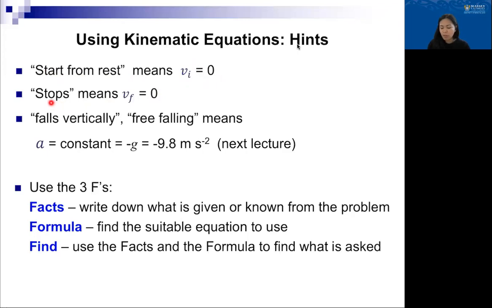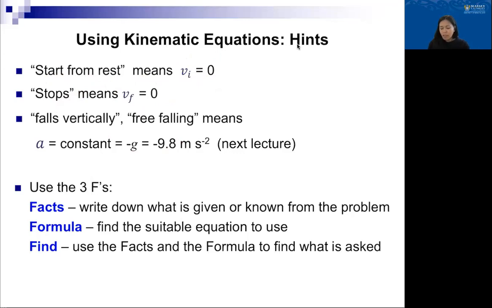If it says the object stops, then the final velocity is 0. If the object falls vertically or is free falling, the acceleration is constant, equal to negative 9.8 meters per second squared. We will learn that in the next lecture on free fall. Sometimes only 1 or 2 numbers are given, but if you read that the object starts from rest or stops, you can pick out extra information from those keywords.